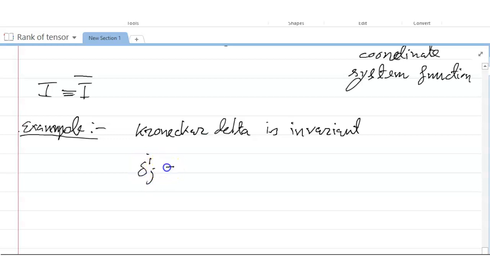Del ij equals 1 and 0: 1 if i equals j and 0 if i does not equal j.